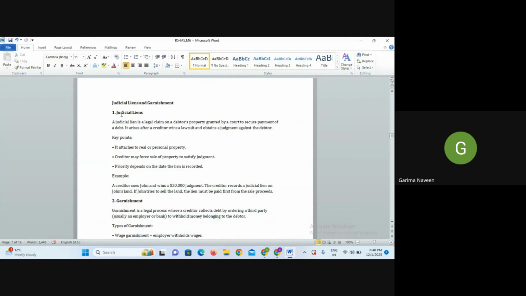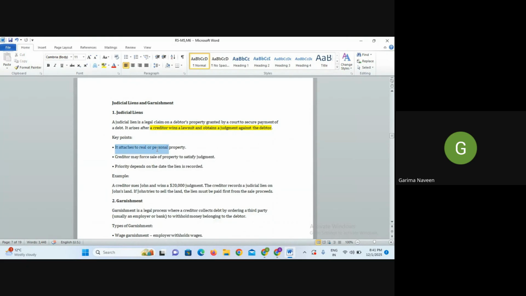So again, the judicial lien. A judicial lien is a legal claim on a debtor's property which is guaranteed by the court to secure payment of a debt. It arises after the creditor wins a lawsuit and obtains a judgment against the debtor. If the creditor has won the case, they have the right to go for the debtor's personal property.